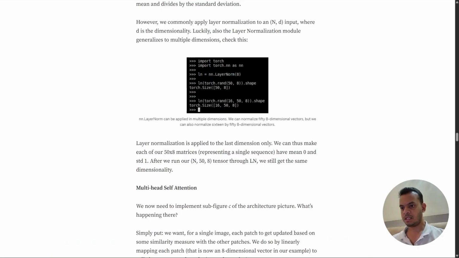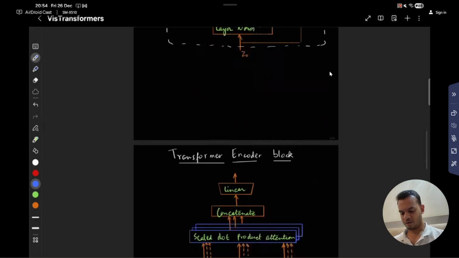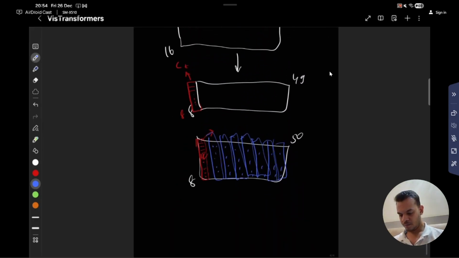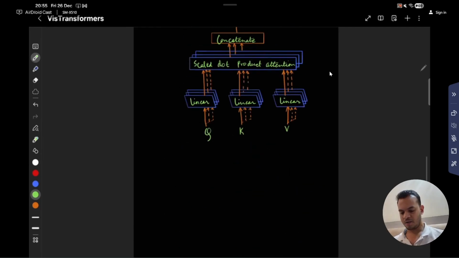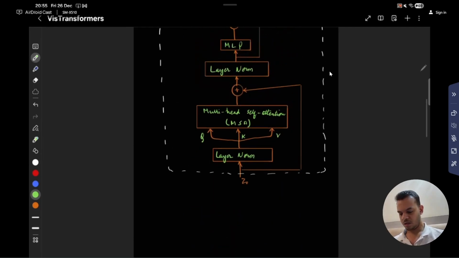It does this such that it has mean 0 and standard deviation 1, but at the same time the shape of the tensor does not change. So if you have an n cross 50 cross 8 tensor here, the shape does not change after it goes through the layer norm.